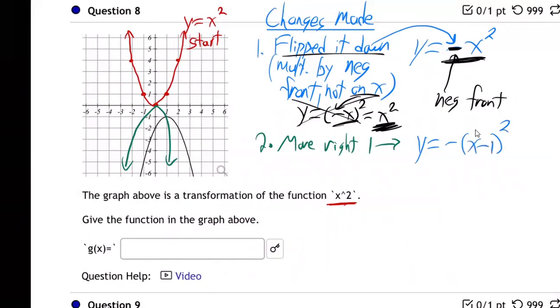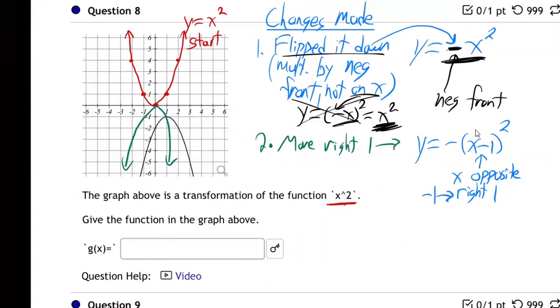Remember, x minus 1. Opposite. X is always the opposite. This makes it go right 1. There we go. The negative 1 is actually right 1, isn't it?